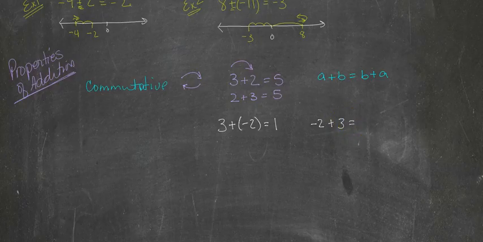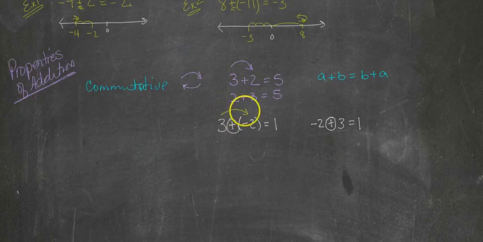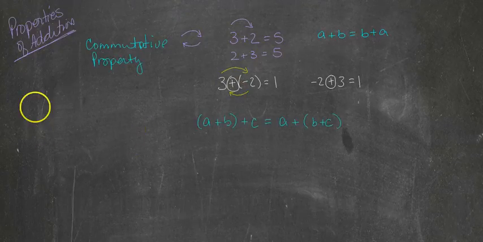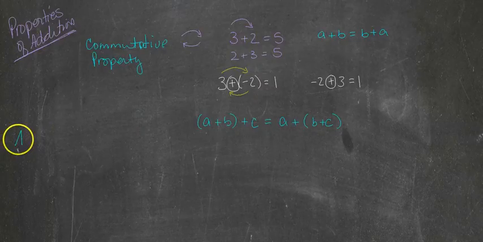Are they the same value? Well, if I start at negative 2 on the number line and I bounce forward 3 times, I end up at 1. So they are indeed commutative. They're commutative around the plus sign. That just means that you can do it in either direction. You can add negative 2 to 3, or you can add 3 to negative 2. Works in both directions. So another property of addition is the associative property.